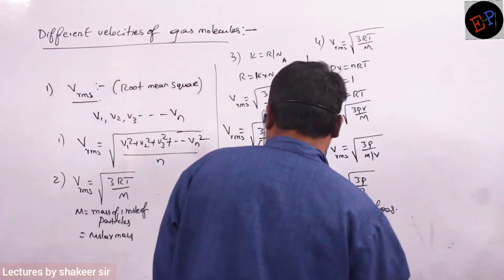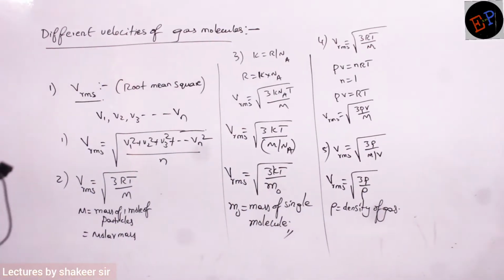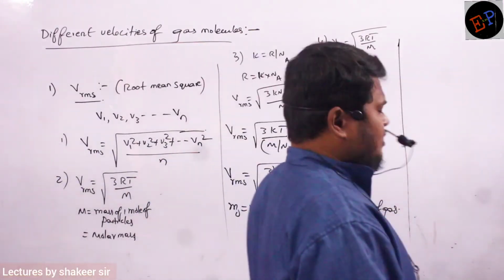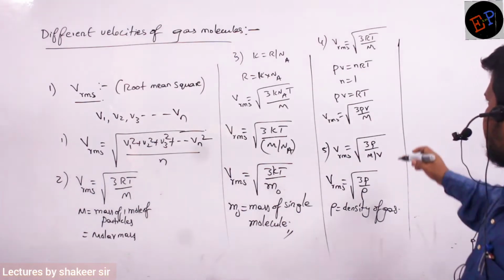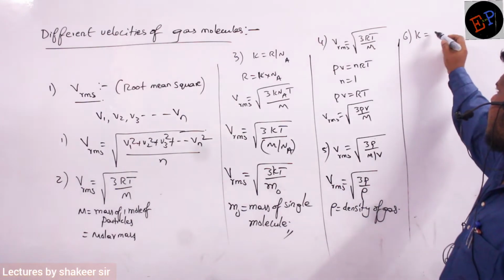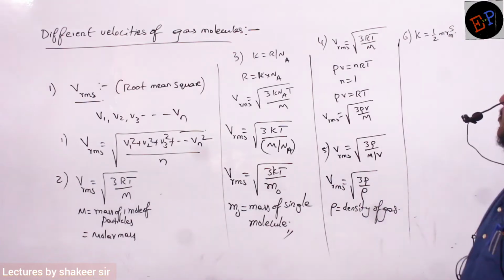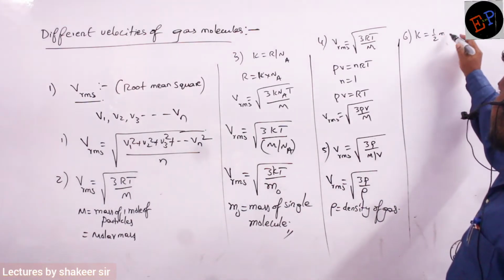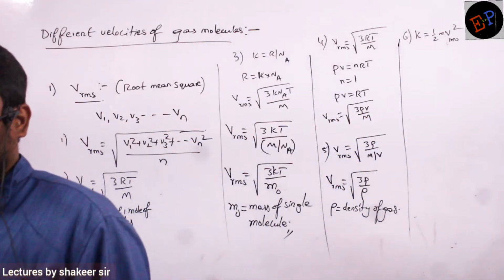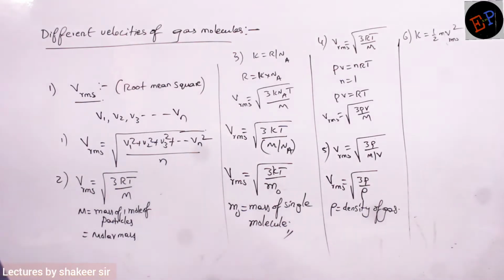Clear? This is one equation. And one more equation I can write in terms of the kinetic energy of the gas. The kinetic energy of a gas molecule is equal to half m Vrms square. Kinetic energy is equal to half m Vrms square only, no?